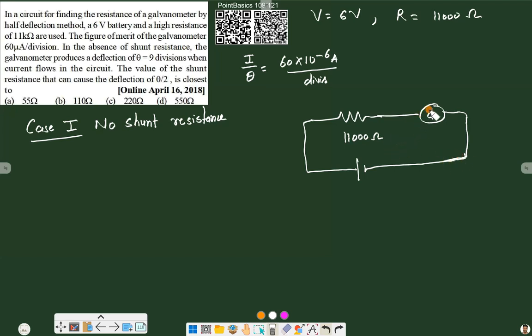So galvanometer will have some resistance, suppose we take it as G. Resistance of the galvanometer is G, and here we have battery.